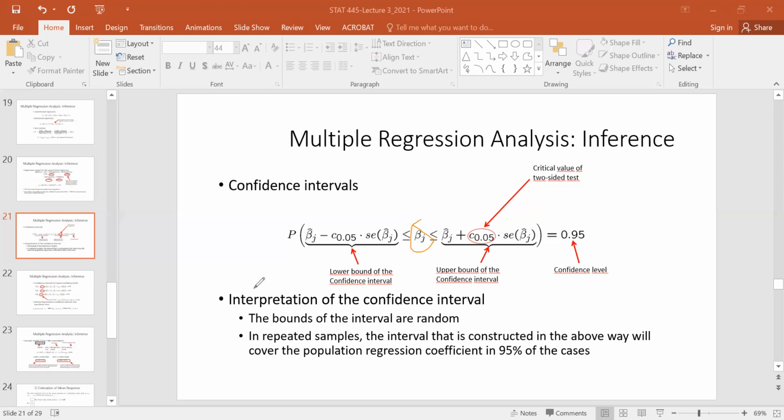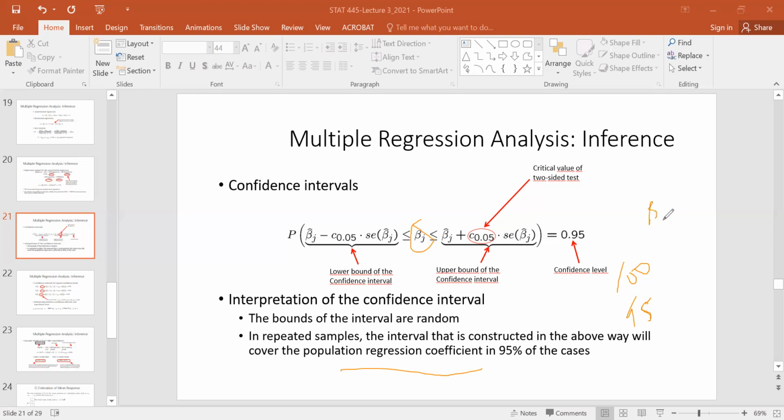If this construction is done the same way repeatedly, or if it is done 100 times, 95 of those 100 confidence intervals will cover the regression coefficient. That's the idea. If I were to repeat 100 times, 95 of them will cover the population parameter.